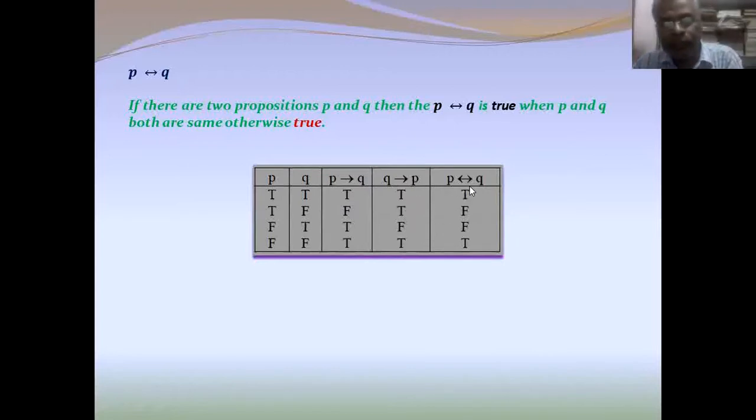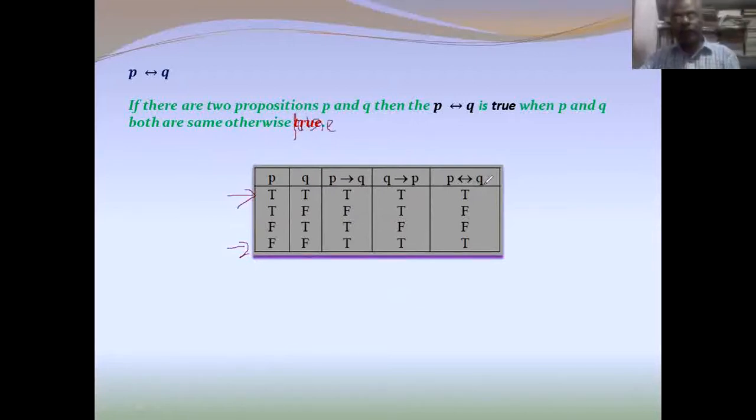And P double implies Q is, by definition, true if both are the same. P and Q are both the same in the first row and fourth row, so it is true there, and in all other cases it is false.